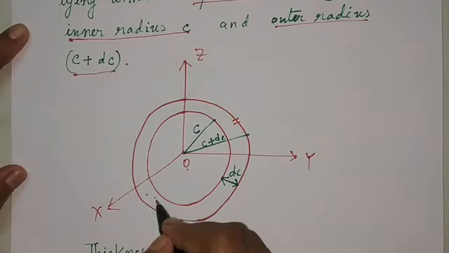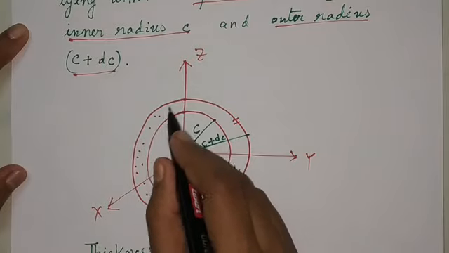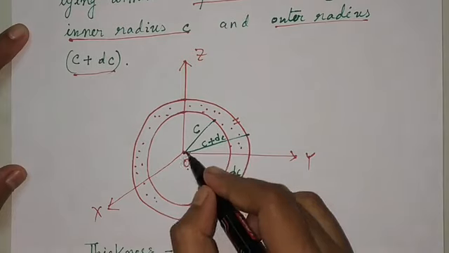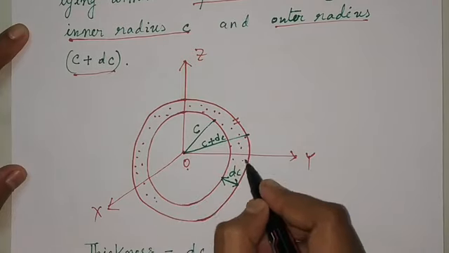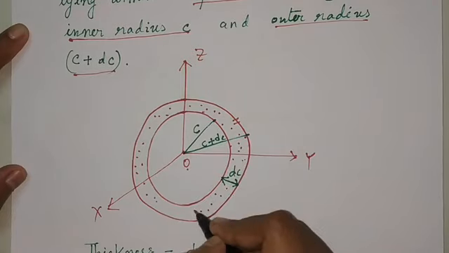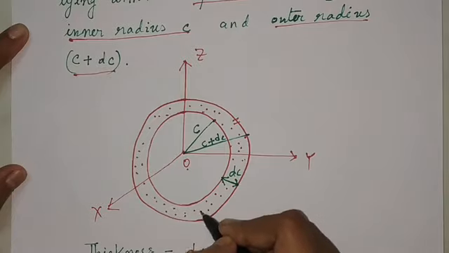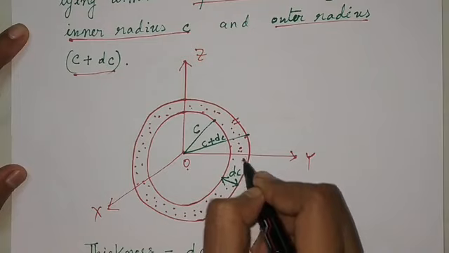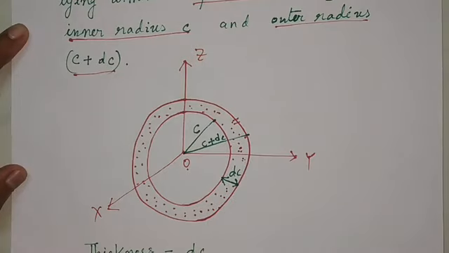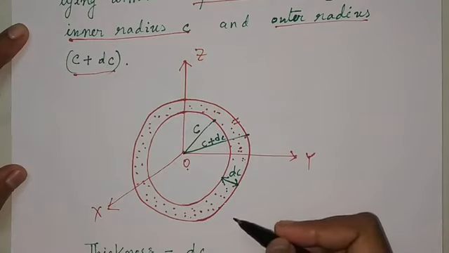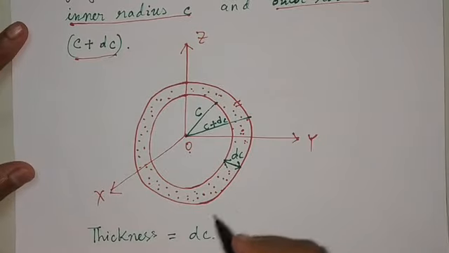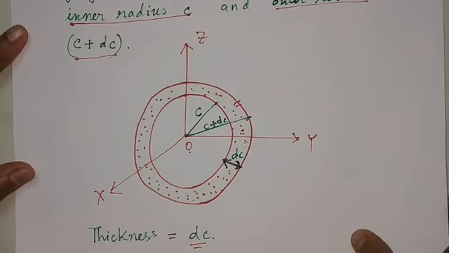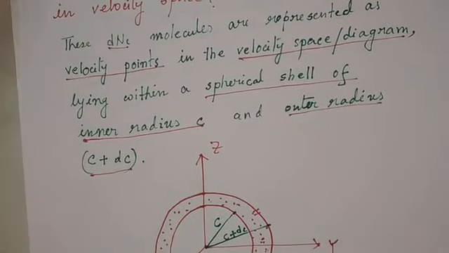So these dnc molecules, which have their velocities lying between c and c plus dc, we'll find that they can be represented as velocity points, and they will lie within this spherical shell, within this dotted region. So as you can see, the thickness of the sphere is dc.